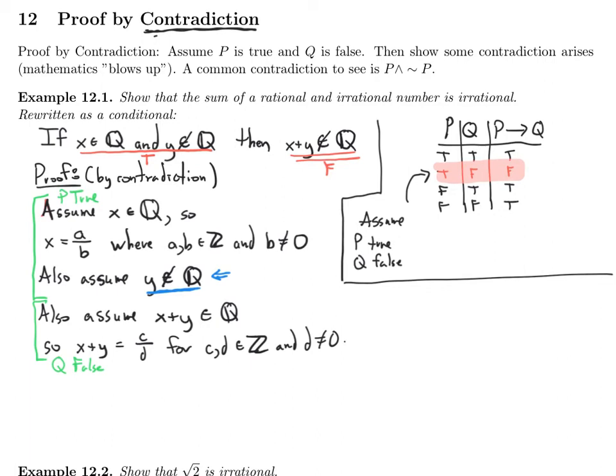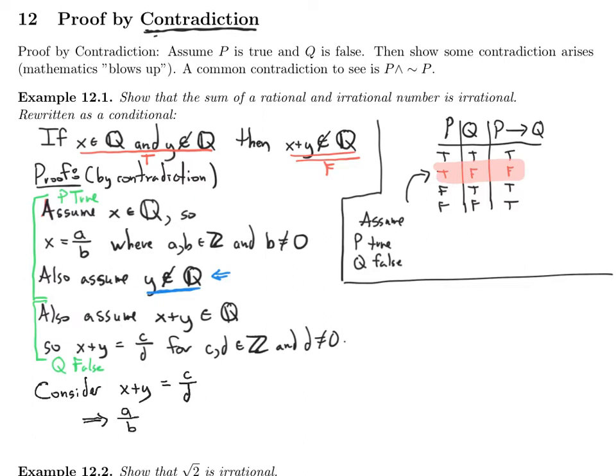So consider x plus y. Well, we know x plus y equals c over d, because we assumed that. That's by assumption. But we also know x equals a over b.